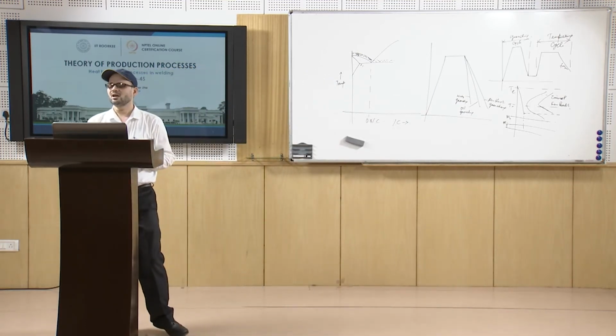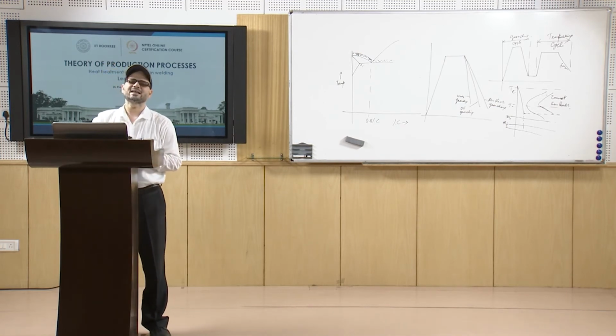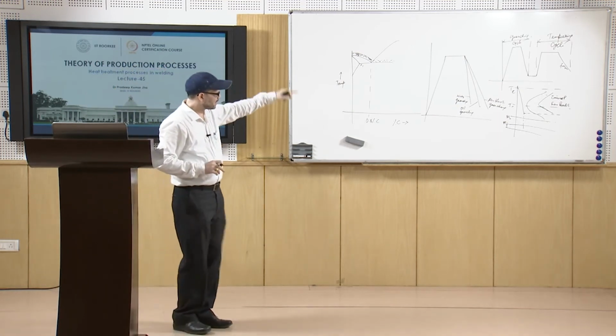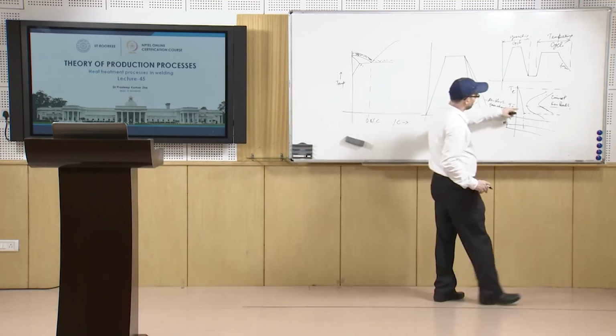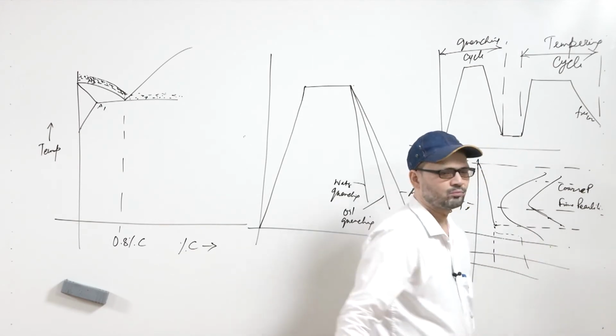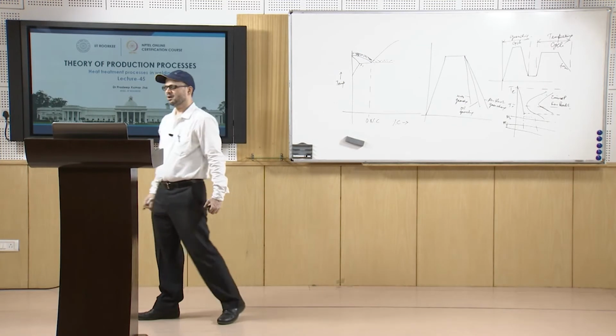In martempering, once you pass that zone and come to the lower side, you hold a little and then pass through this zone. You get tempered martensite.